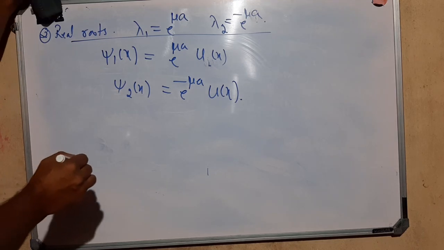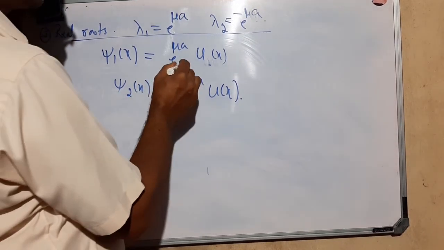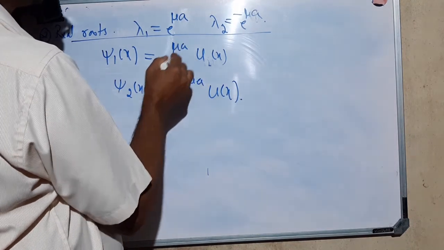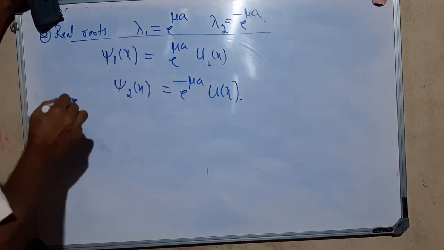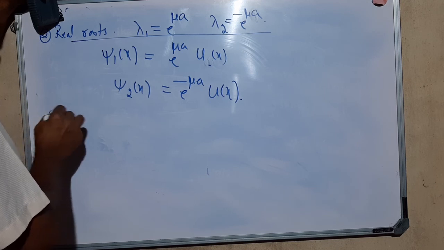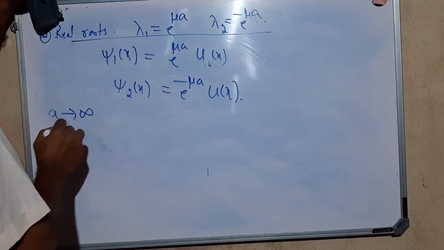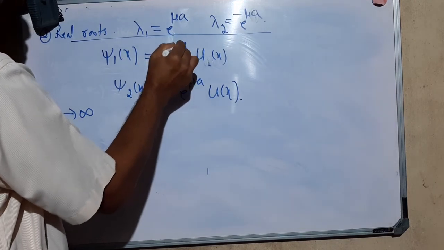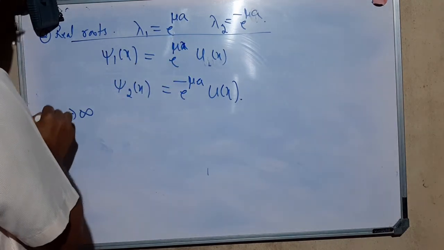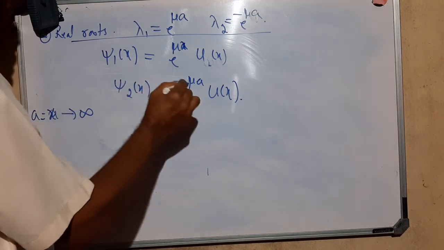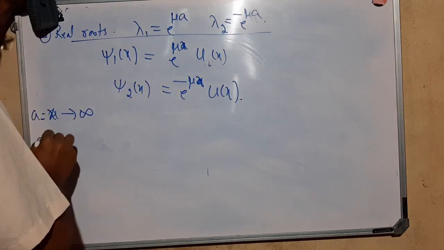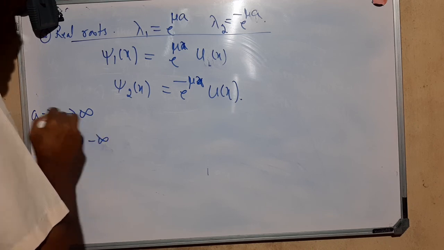Now just consider here, for example, what happens when x tends to infinity, and also when x tends to minus infinity?